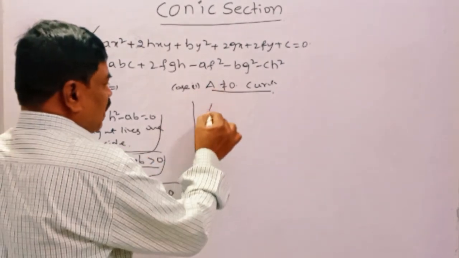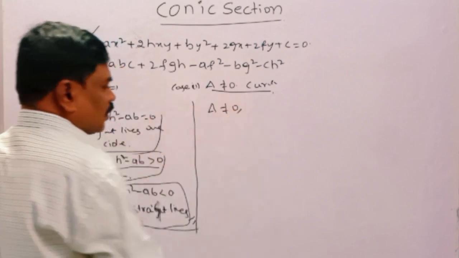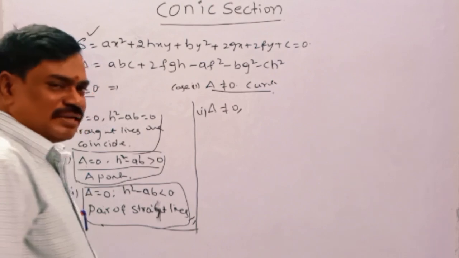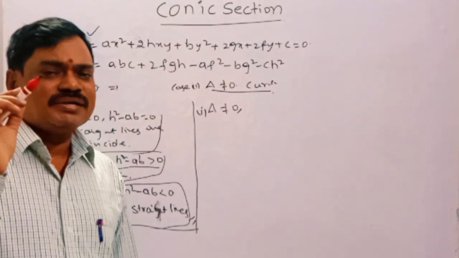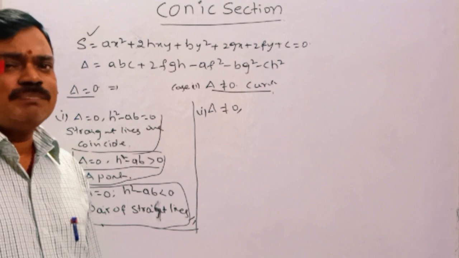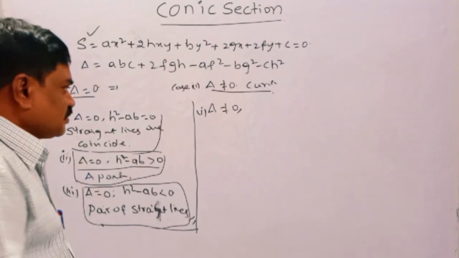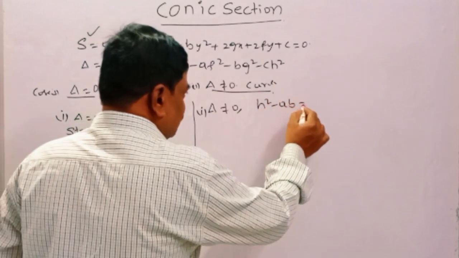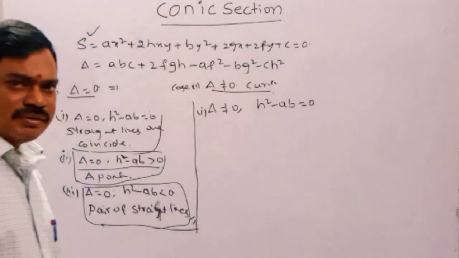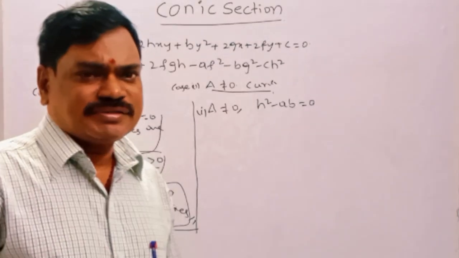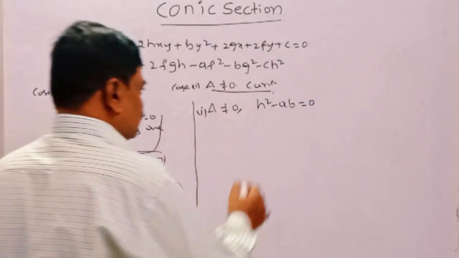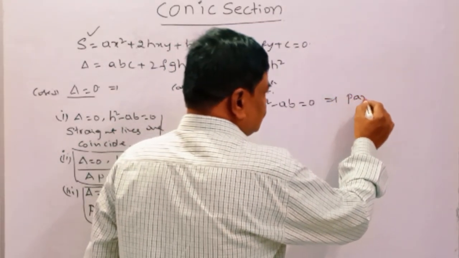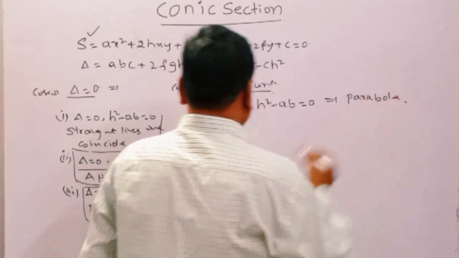Next, delta not equal to 0. In this case, it represents a curve. What type of curve is this? Delta not equal to 0 and h square minus ab is equal to 0, it represents a parabola.